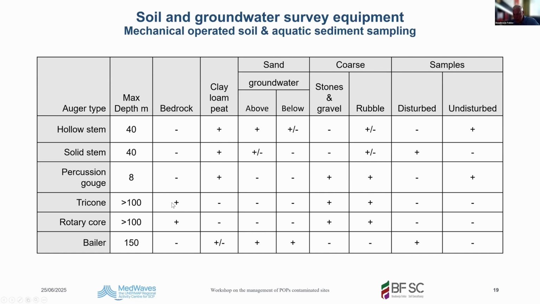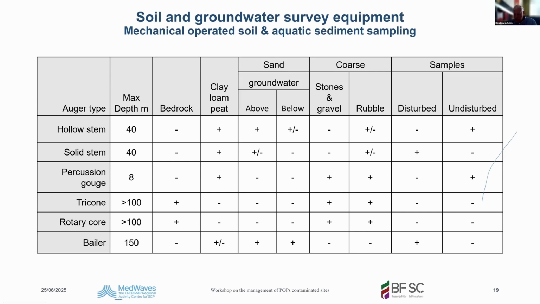Tricone is with rotating rings with hard metal bits and teeth. Rotary coring, it's also possible. Baler, up to 150 meters, and for sandy soils and disturbed sampling. This is an overview of the mechanically operated soil and aquatic sediment sampling methods.